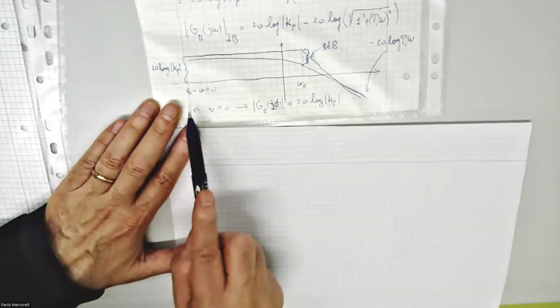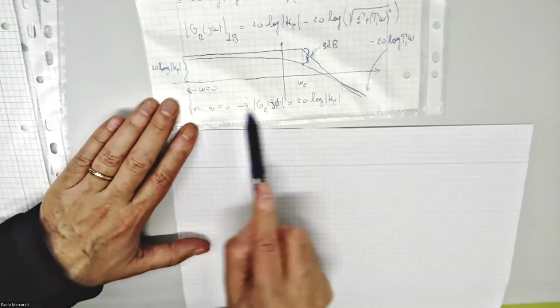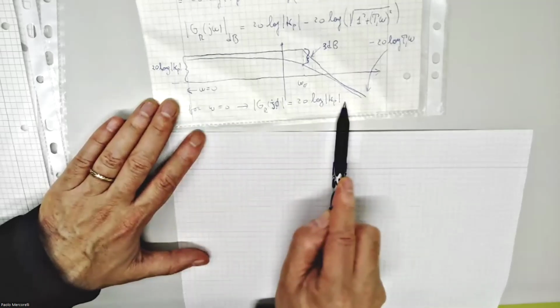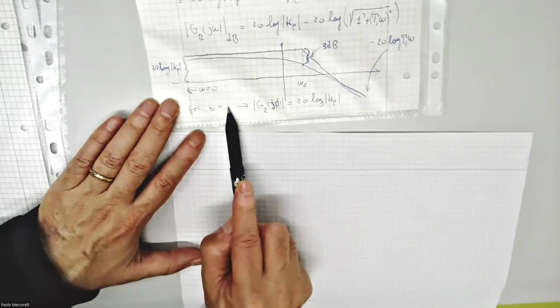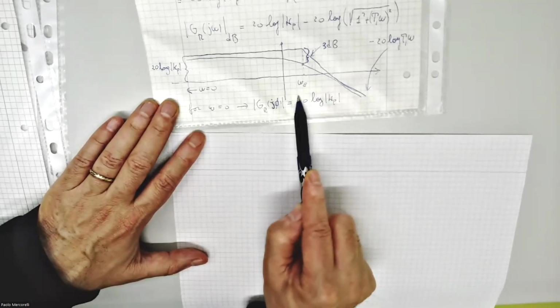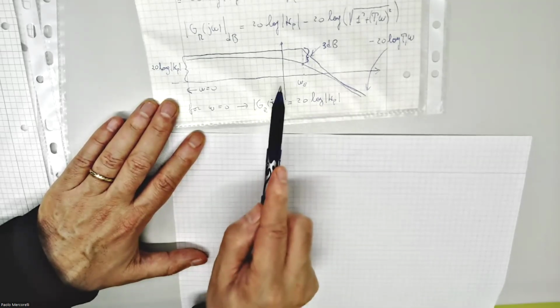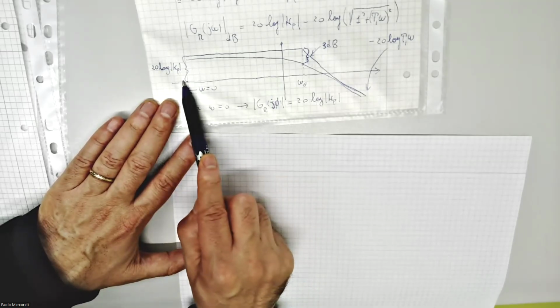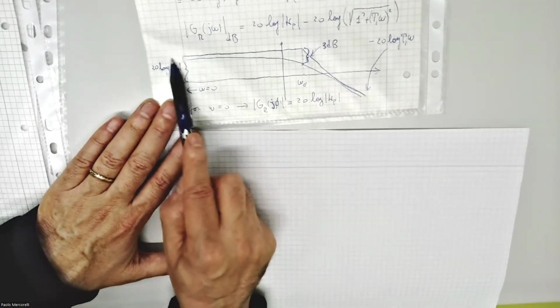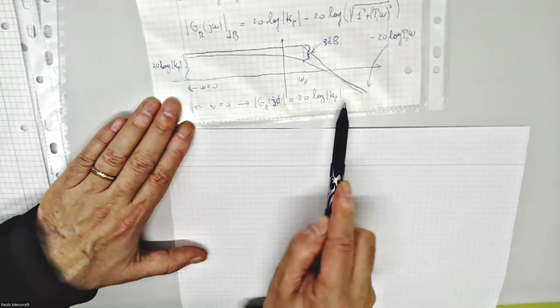Why that? The explanation for this part here is that for omega equals 0, this remains.